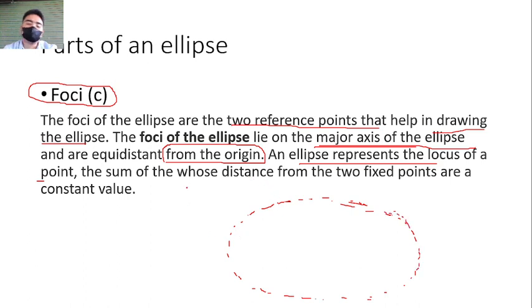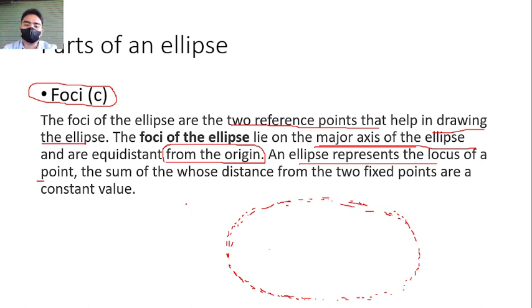Okay, so in a circle, the circumference is also a locus, or circumference is just used in the measurements, isn't it? But locus represents the points that have equal distance from a point.